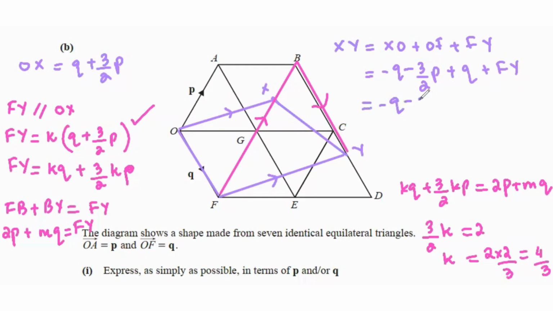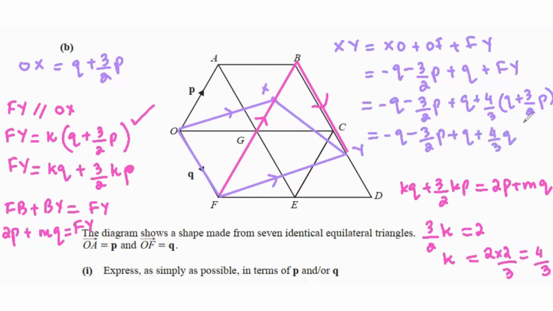So negative Q minus 3 over 2P plus Q plus 4 over 3 times Q plus 3 over 2P. That's going to be negative Q minus 3 over 2P plus Q plus 4 over 3Q plus 2P.